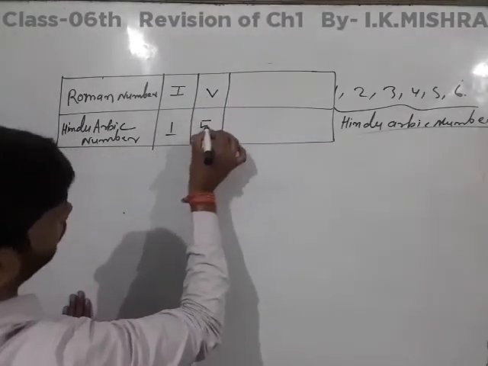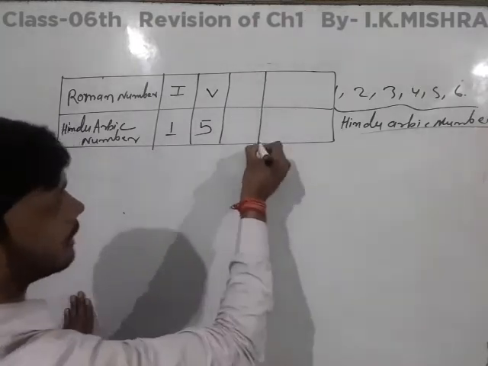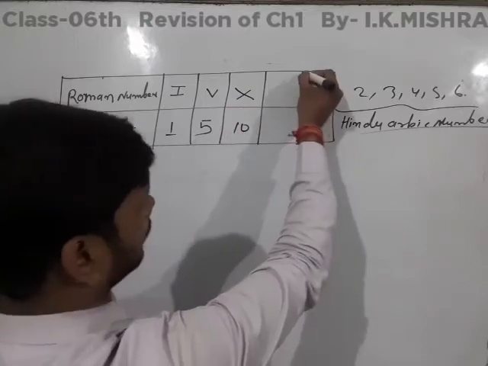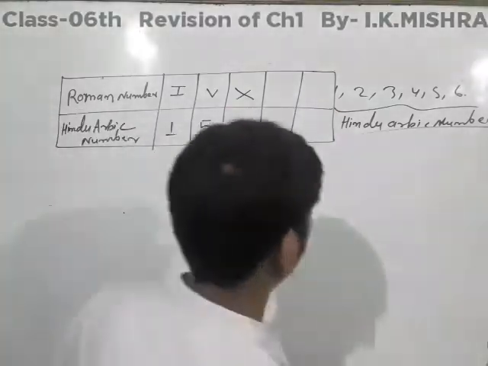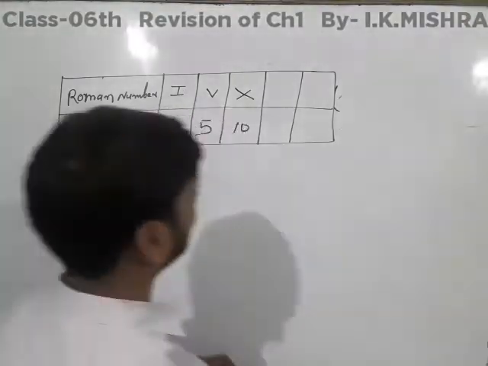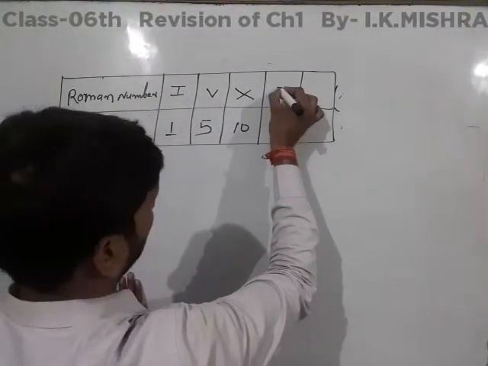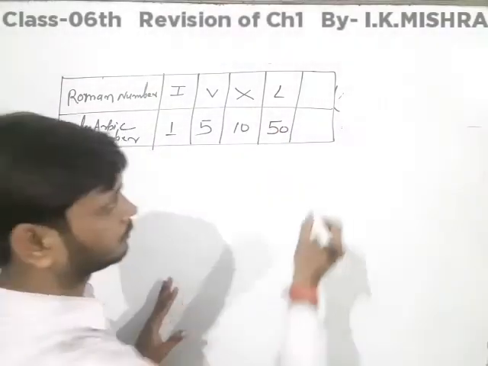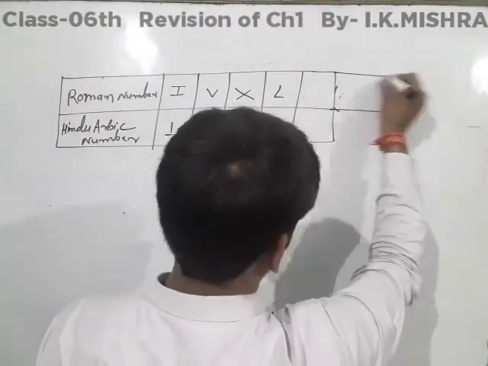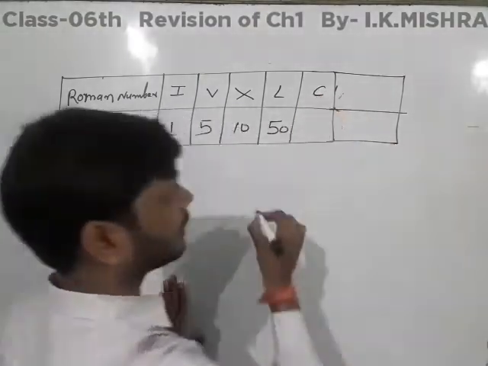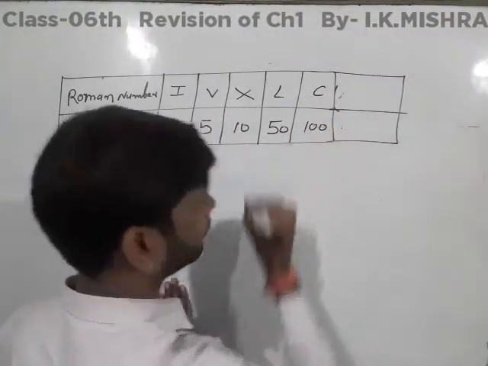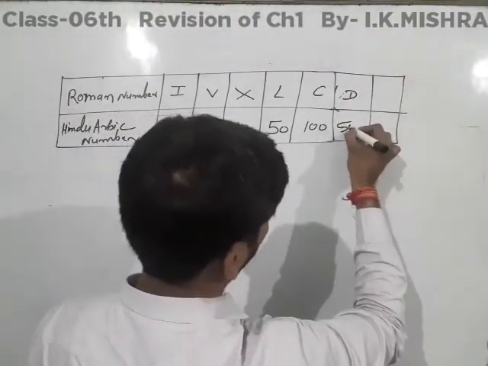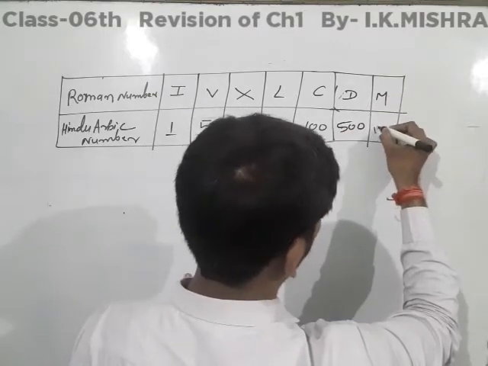V for 5, X for 10, L for 50, C for 100, D for 500 and M for 1000.